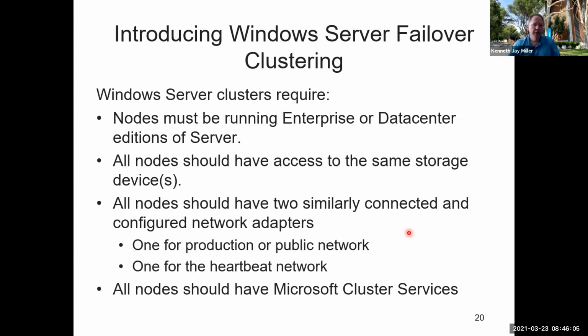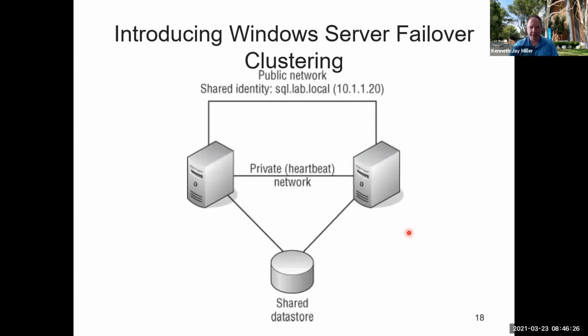Okay. Now, here are some of the basic requirements for clustering in a Windows environment. One, the nodes have to be running enterprise or data center editions. And all the nodes should have access to the same storage device. So coming back here, this is saying they all have to have access to this data store.